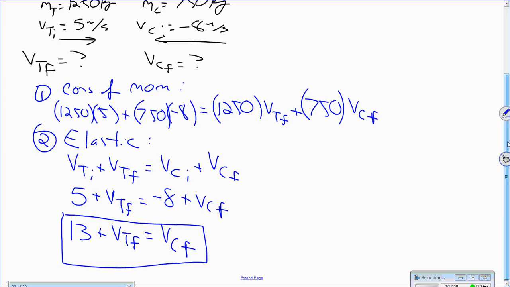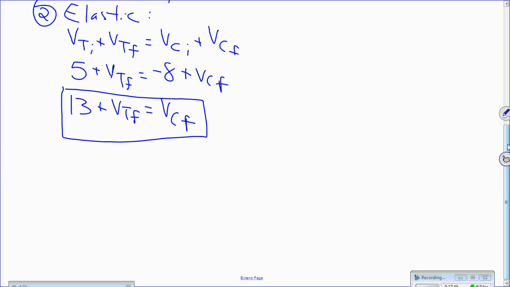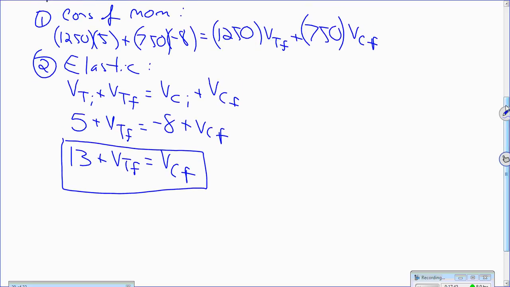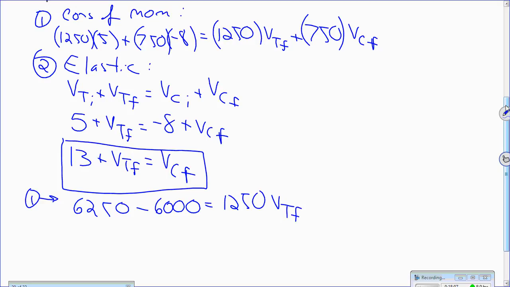Equation number 1 becomes, let's see, 1250 times 5 is 6250, minus 750 times 8 is 6,000, equals 1250 times the velocity of the truck final plus 750 times the velocity of the car final, but that's 13 plus VTF.